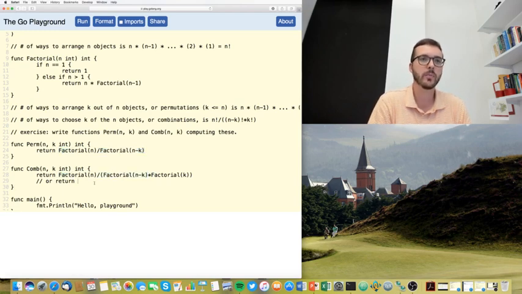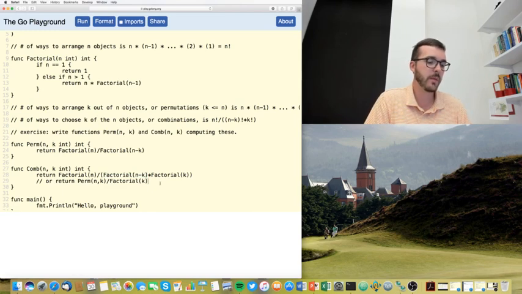And so you could do perm of n k divided by factorial of k. But you don't have to be that short about it. You're only reducing that by one expression. So there's our permutation and combination functions.